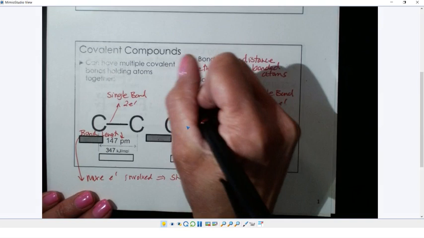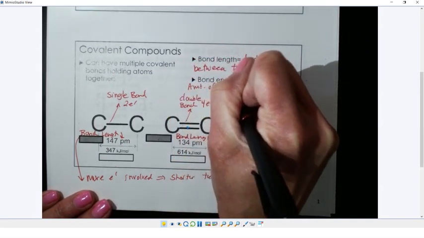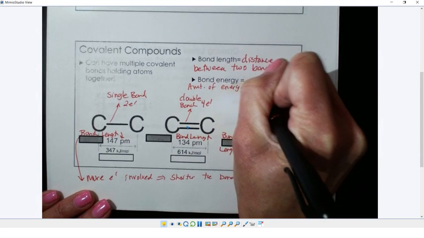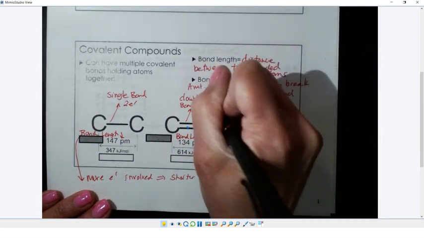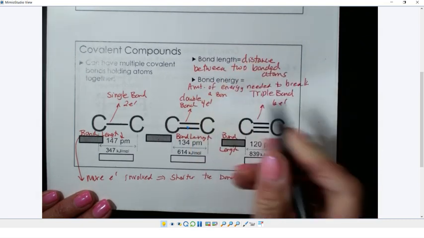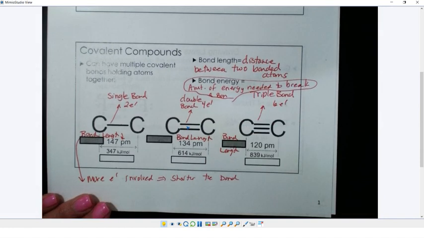Bond energy is the amount of energy needed to break a bond. There we go. So the amount of energy needed to break a chemical bond is your bond energy.